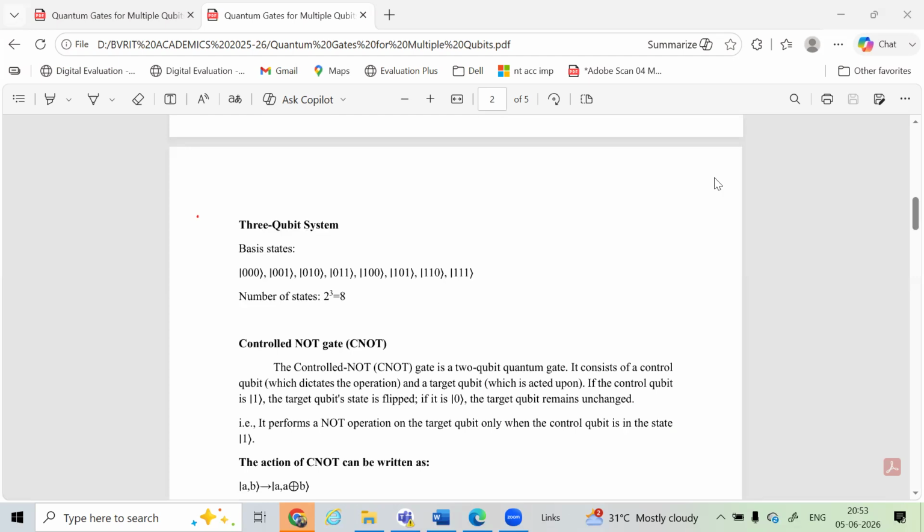We write it like the previous case: alpha 1 state 000 plus alpha 2 state 001, alpha 3 state 010, etc. The sum of the squares of the probability amplitudes must be equal to 1. That is the normalization concept.